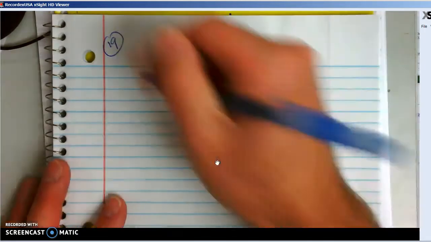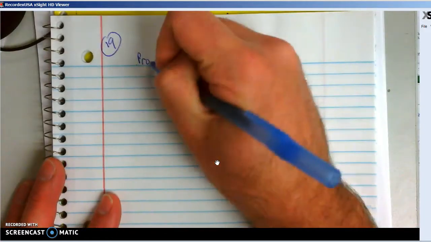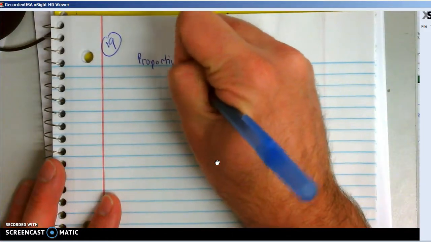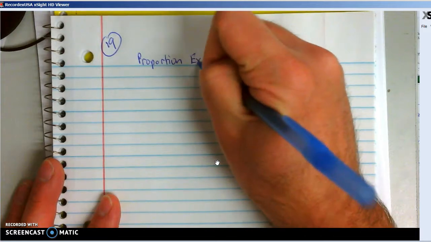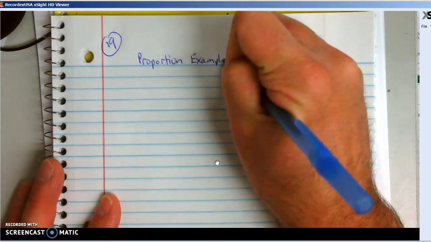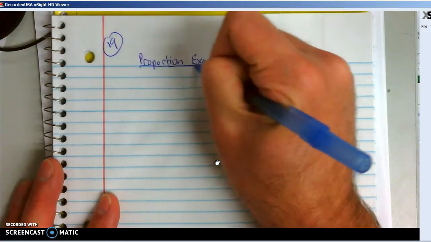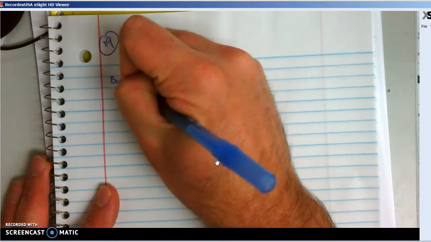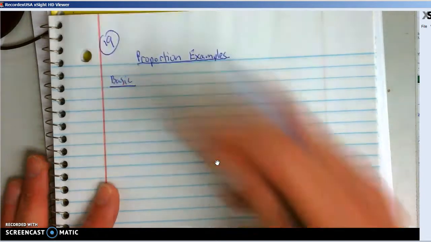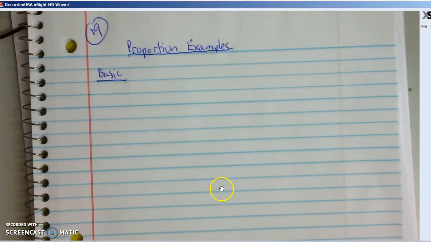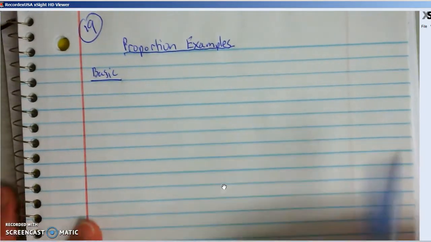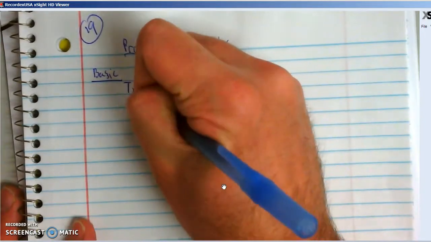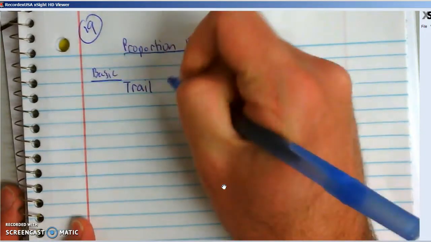Okay. All right, so proportion examples. Now, we've already done some of these already. So our basic type of proportion we've already done. So we're going to write an example down. So here we go. Try and write quickly.